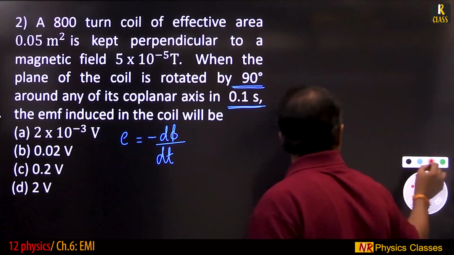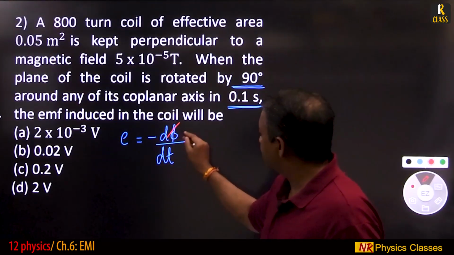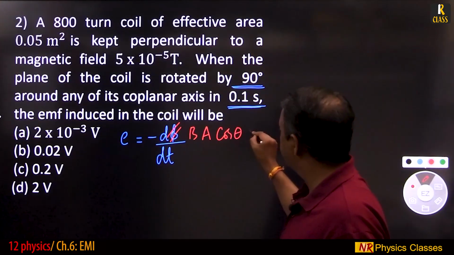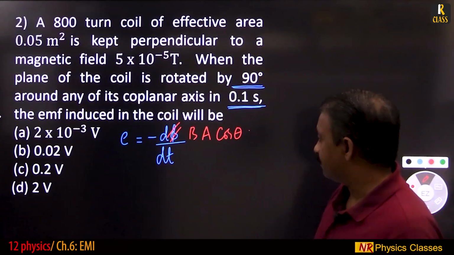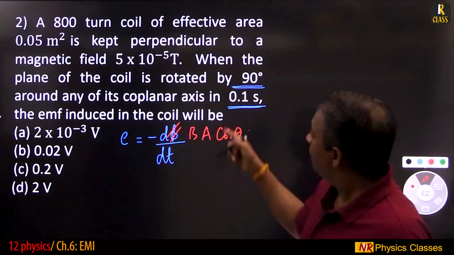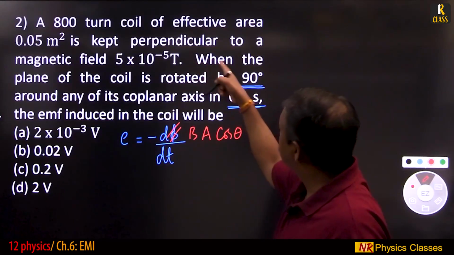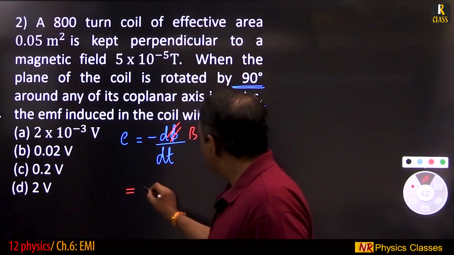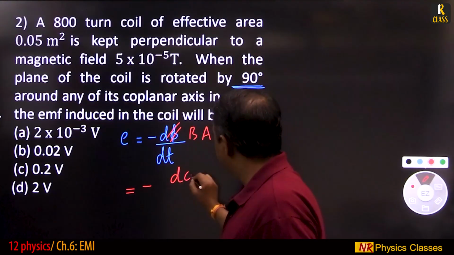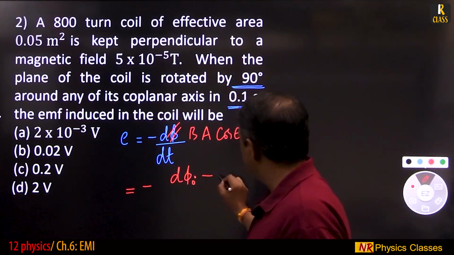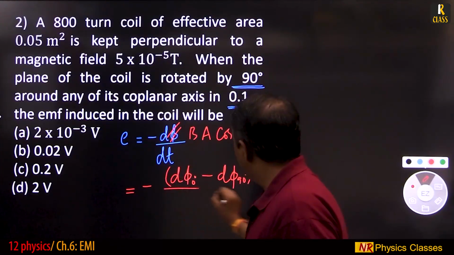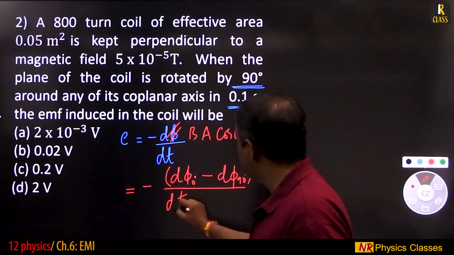Done. Now flux is BA cos theta. Here flux with respect to 0 degree and flux with respect to 90 degree. This can also be written as minus d phi with respect to 0 degree, d phi with respect to 90 degree, by time dt.